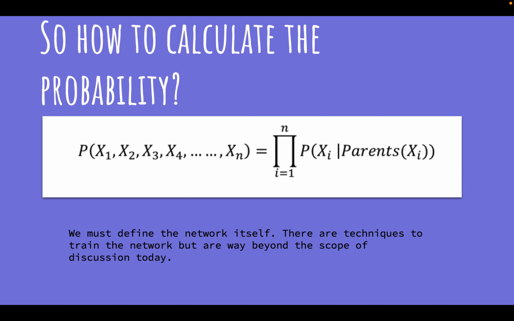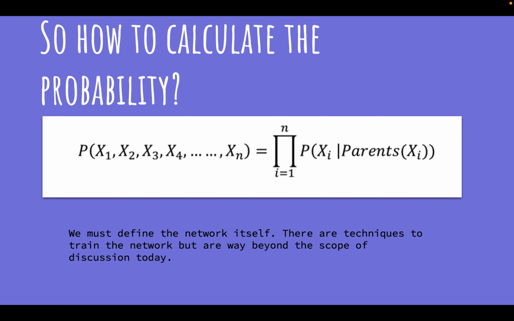So how do we calculate the probability? Well, it's a combination of those three techniques, looking at any given node. So it's saying the probability of all the nodes is equivalent to the probability of every single node given its parent nodes. Now, the problem with Bayesian belief networks is you need to define the network itself.